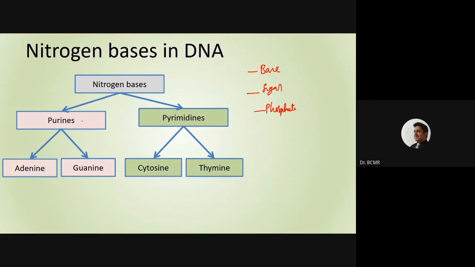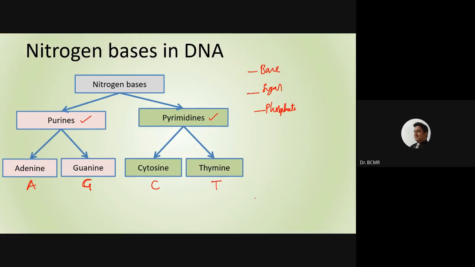Nitrogenous bases can be divided into purines and pyrimidines. In that, you have 2 different types of purines: adenine, which is represented by capital A, and guanine, which is represented by capital G. Pyrimidines, you have cytosine, C, and thymine, T.